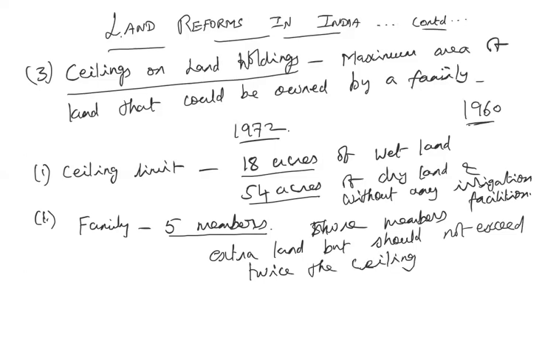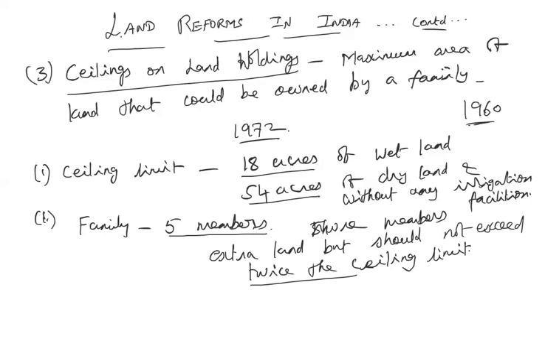That means, for example, if it is 18 acres, depending upon the number of members, the maximum they can have is only up to 36 acres. Irrespective of how many more members there are in the family, it should not exceed 36 acres. So a unit of 5 members is considered a family.